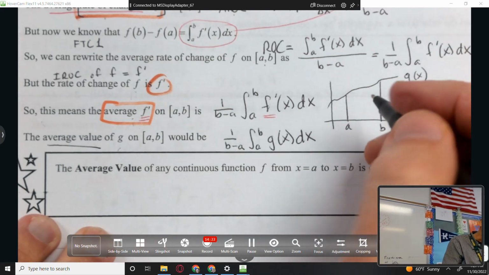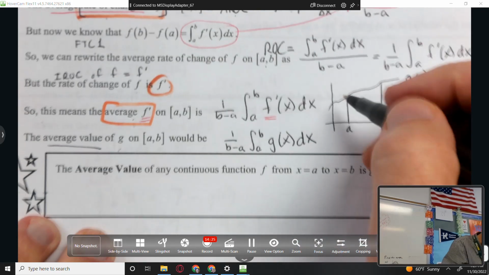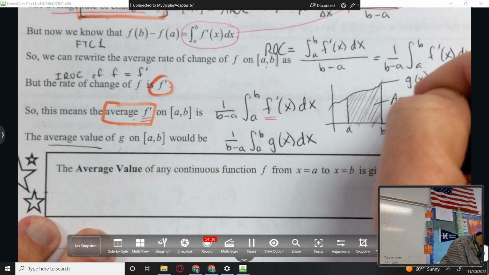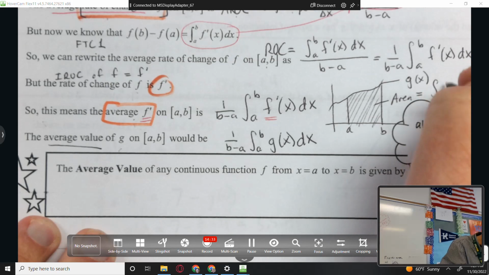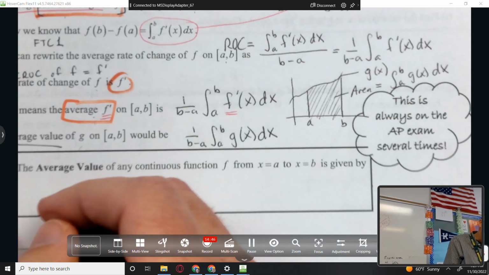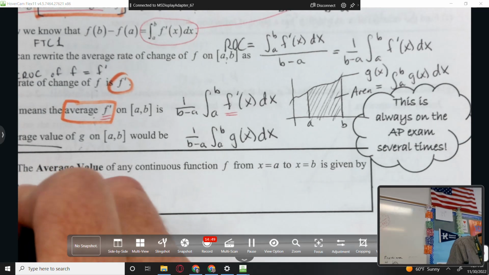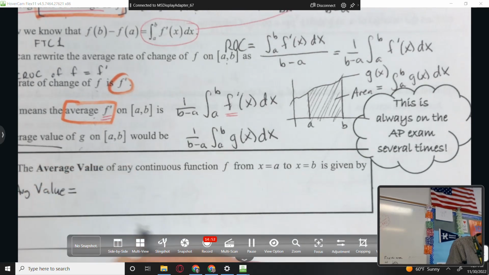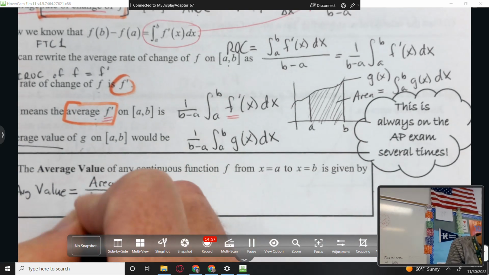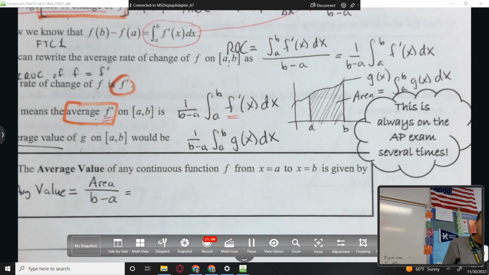Well, one way to do that would be to take the area, which is an integral from a to b of g of x dx. That's the area. Divided by change in x. So that's more how I remember it. The average value is the area divided by b minus a.